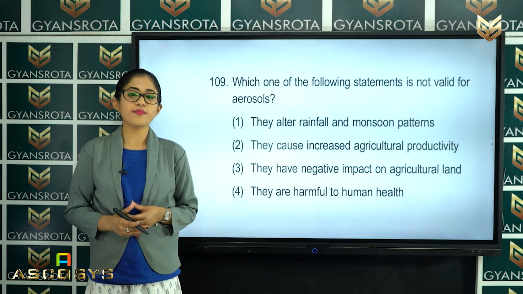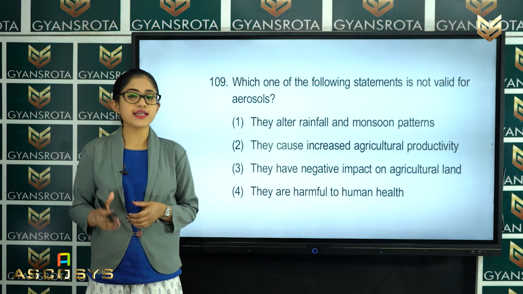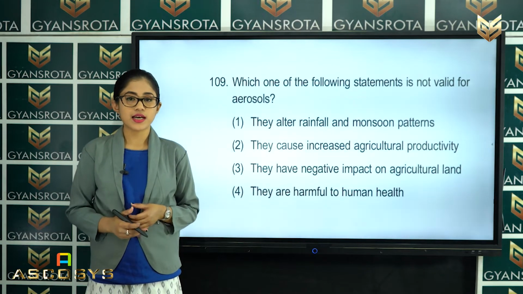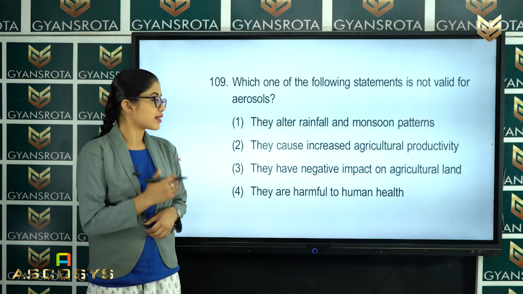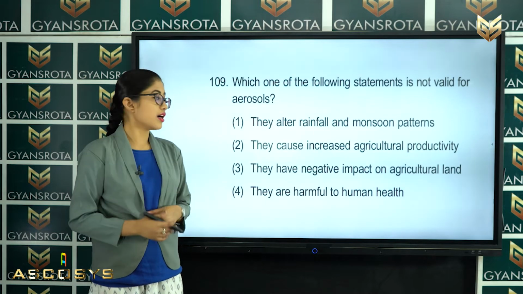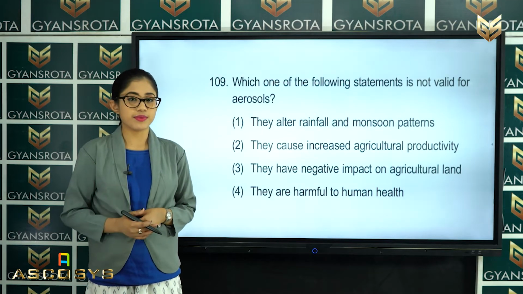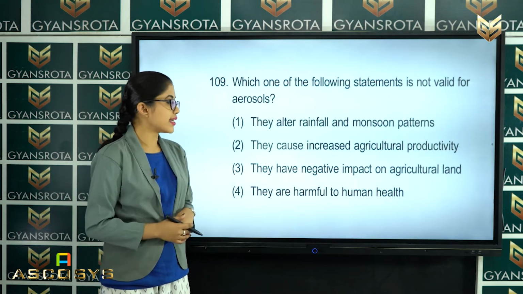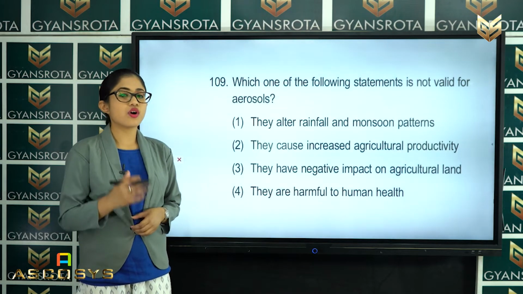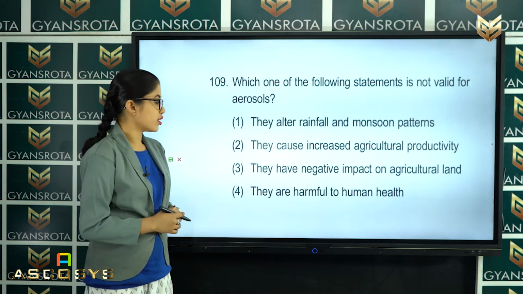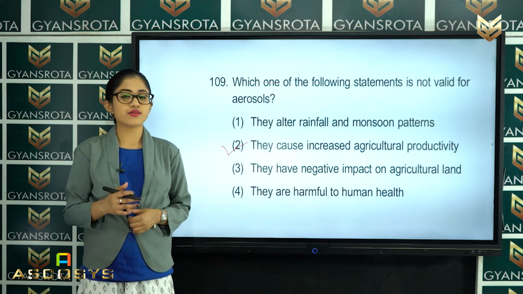Aerosols arise from air pollution and affect plants directly or indirectly. We have discussed this in the chapter Environmental Issues. So what is the correct statement? Options 1, 3 and 4 are correct statements, while option 2, which states that they cause increased agricultural productivity, is not valid for aerosols. So option number 2 is the correct answer. Now let us see the next question.